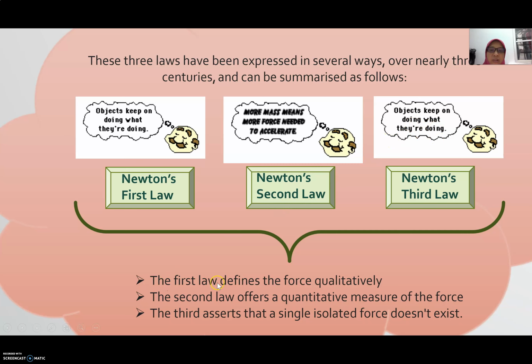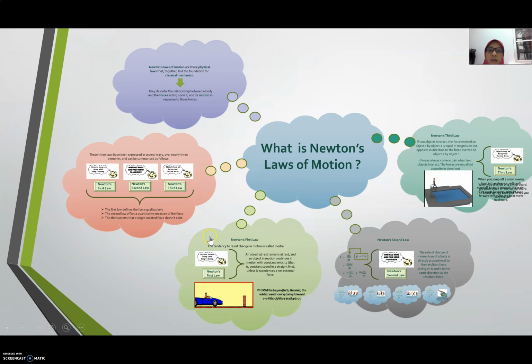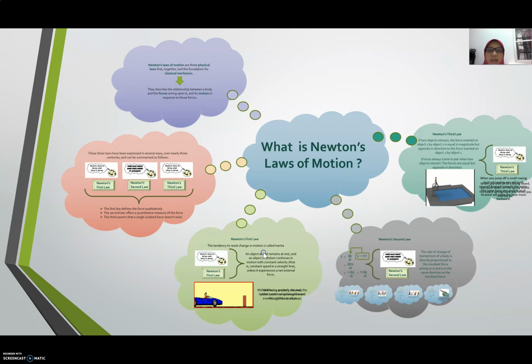So the first law defines the force qualitatively, and the second law offers a quantitative measure of the force. The third asserts that a single isolated force doesn't exist. So we are going to discuss these three Newton's laws in detail.